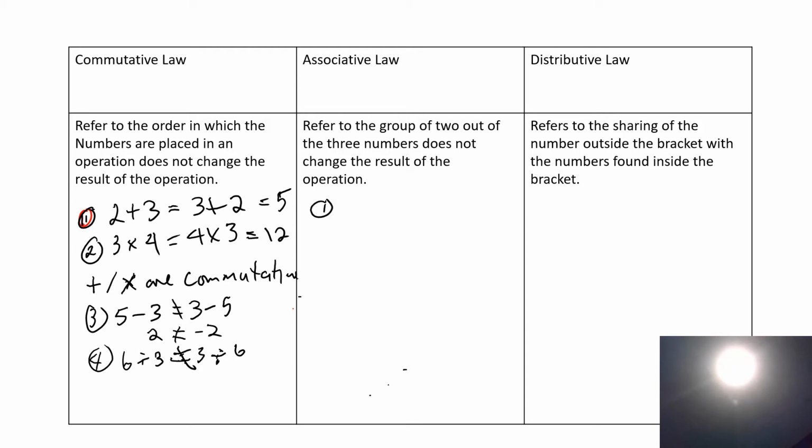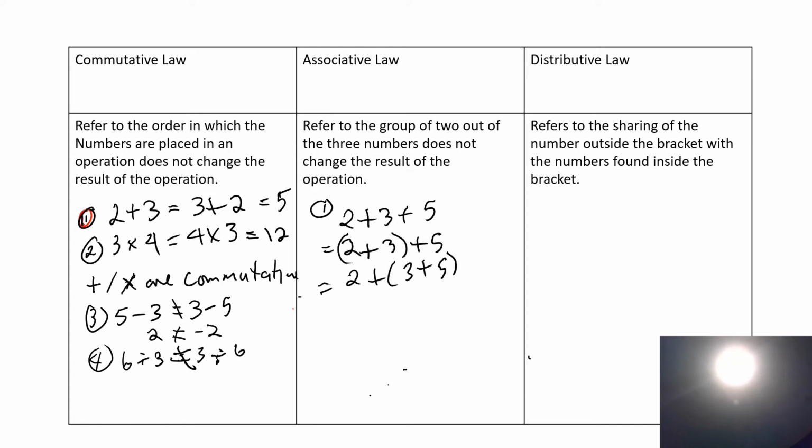For example, 2 plus 3 plus 5. If I group the 2 plus the 3 and then add the 5, or if I take the 2 by itself and group the 3 and the 5, my result is still the same, because for all of these the answer is going to be 10.